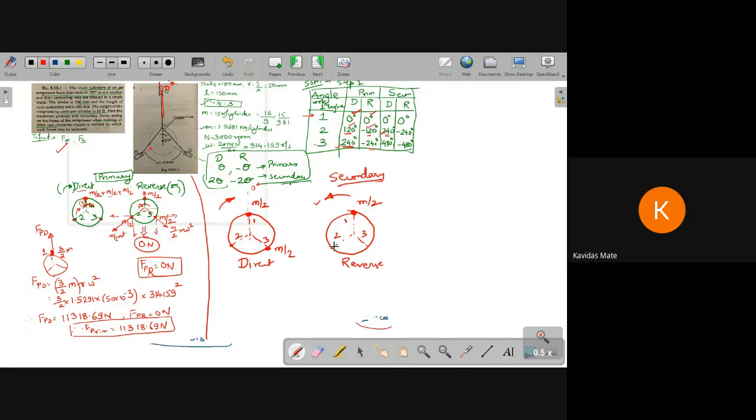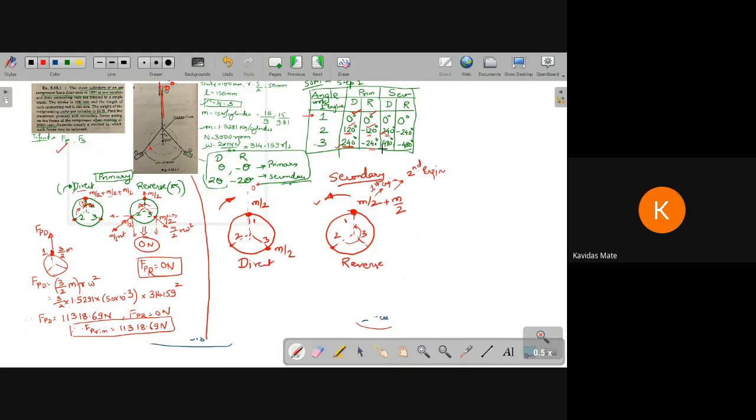Ideally it should be at this position, but it has moved 240. So 120 and 120. This will be 240. So the mass would be located at point number 2. This is for engine number 1. This is for engine number 2. Second engine, I can write it over here so you can get it. This is for the first engine.